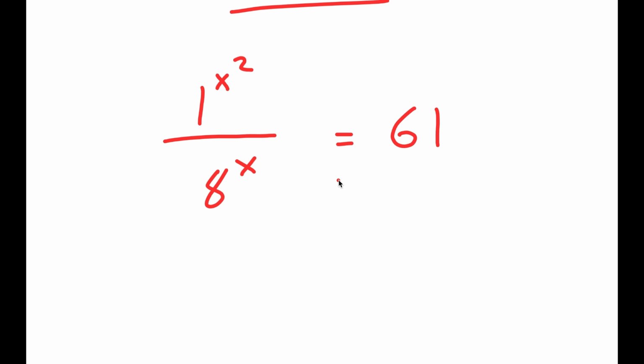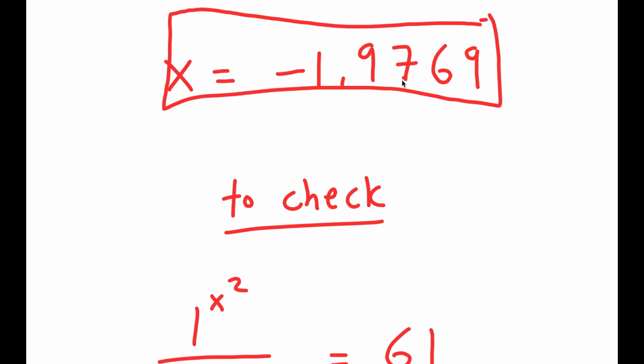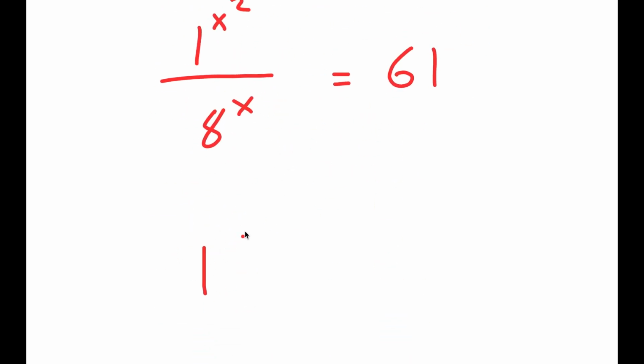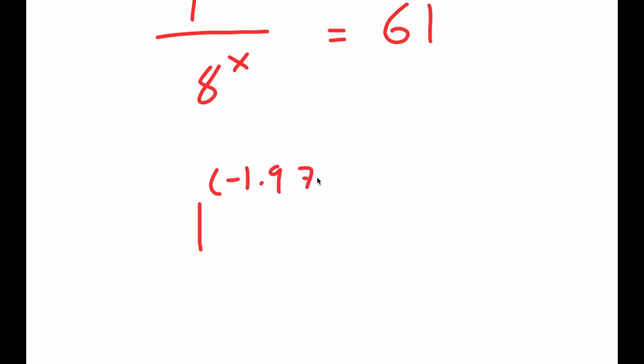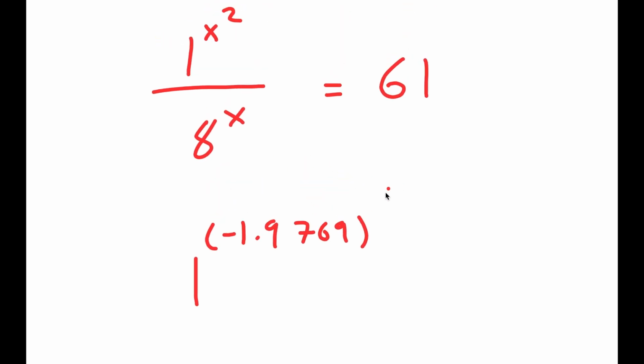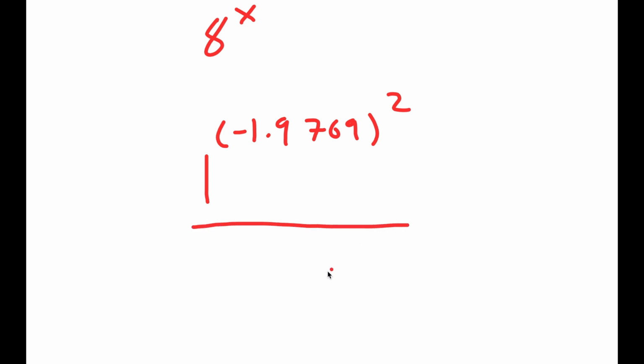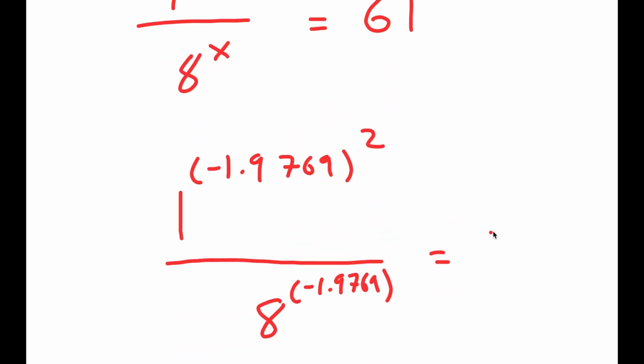And our solution is right here, negative 1.9769. So I'm going to actually go ahead and plug the solution in here. So I get 1 to the power of negative 1.9769 to the power of 2 over 8 to the power of negative 1.9769 is equal to 61.